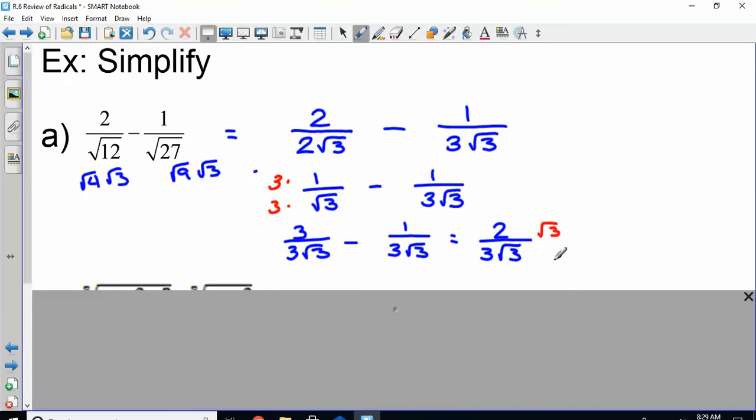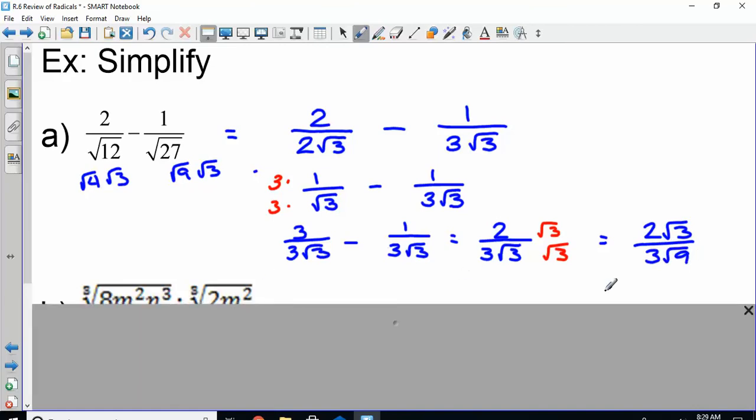Just the radical 3. So I get 2 radical 3 over 3 square root of 9. Square root of 9 is 3. So on the bottom we have 3 times 3, which is just a 9. And that would be our final answer.